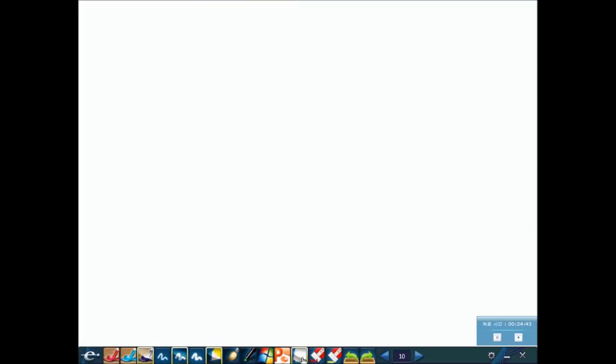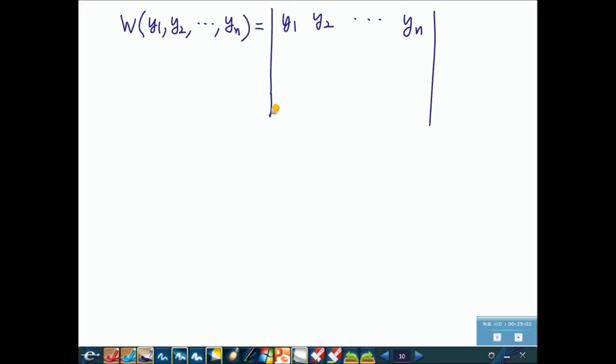Like this, the Wronskian of y1, y2, up to yn for an nth order differential equation: y1, y2, yn, then y1 prime, y2 prime, yn prime, down to y1 to the n minus 1, y2 to the n minus 1, yn to the n minus 1.